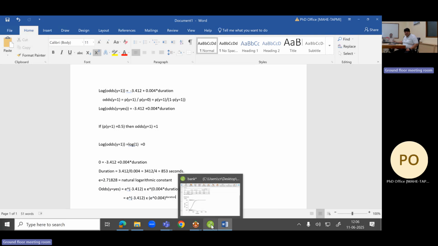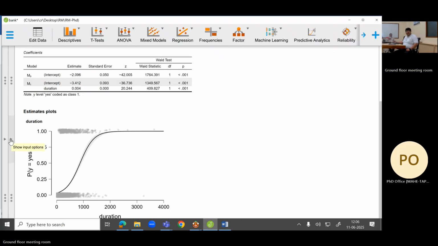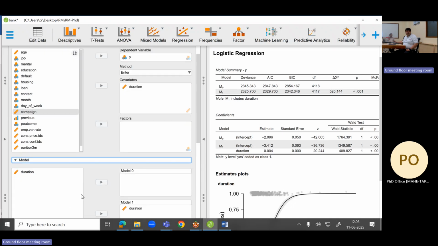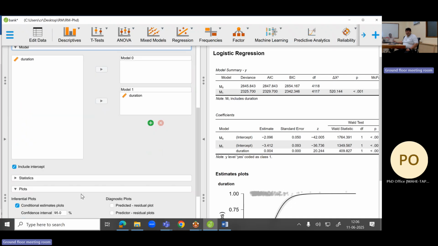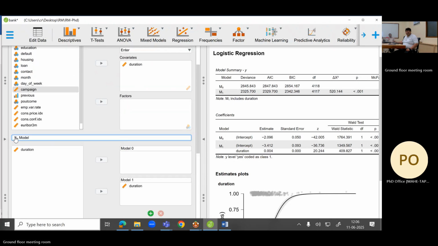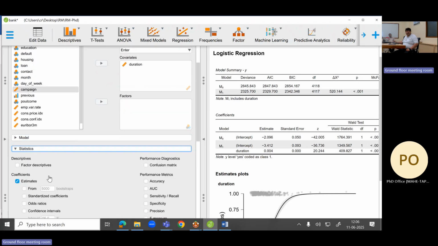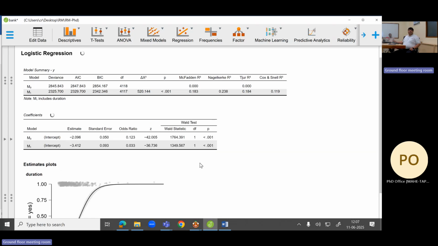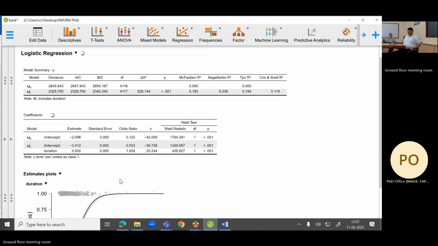Go to the model statistics. There is something called odds ratio written there. If you click on this odds ratio, you see it is 0.033.